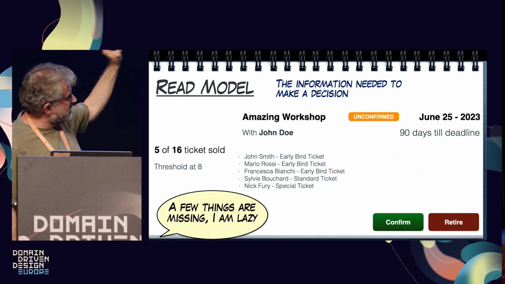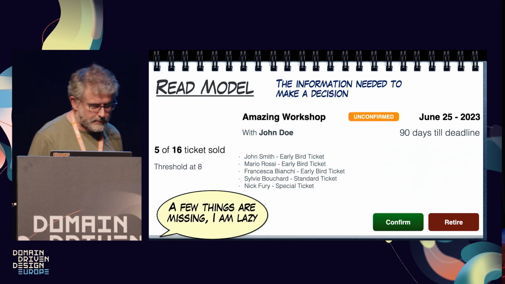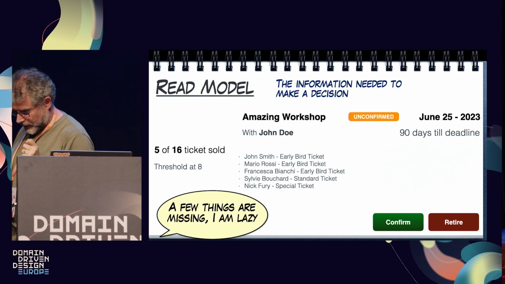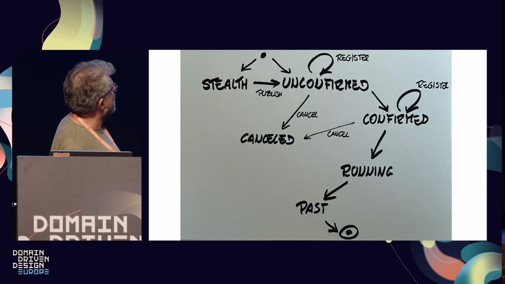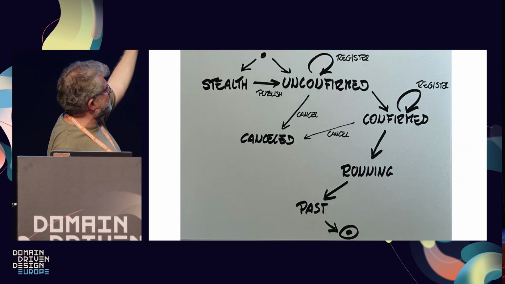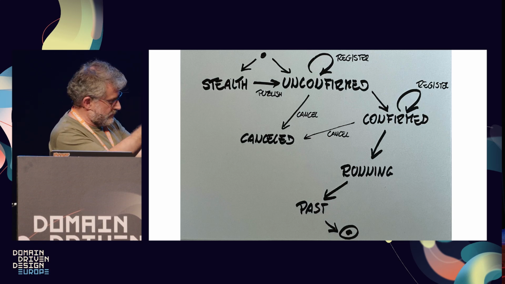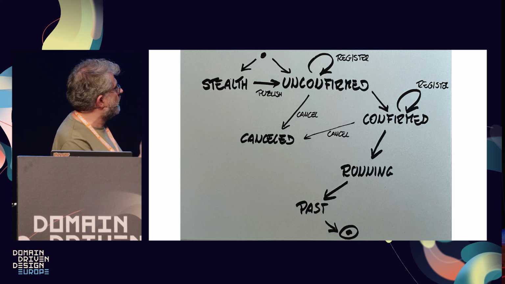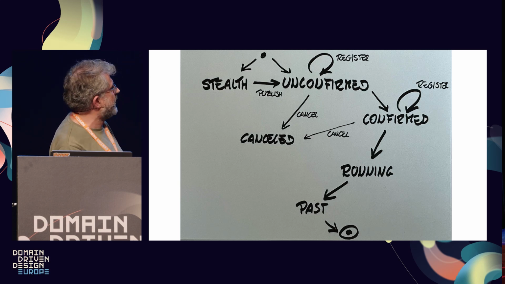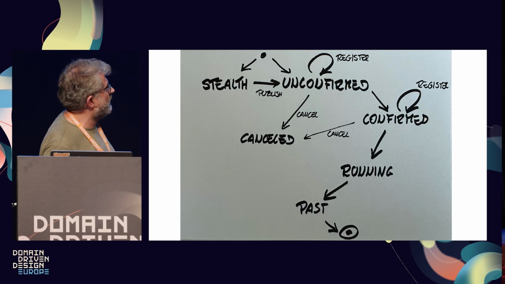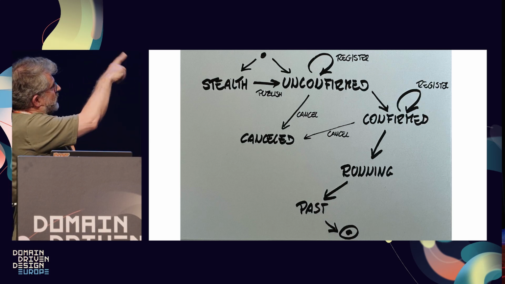But the thing about the state became interesting because the journey of following the expert was leading us into this. It can usually start straight into unconfirmed if it starts published, or it could be stealth if we have the registration open, but we don't open a public page. Okay, and then it becomes confirmed.